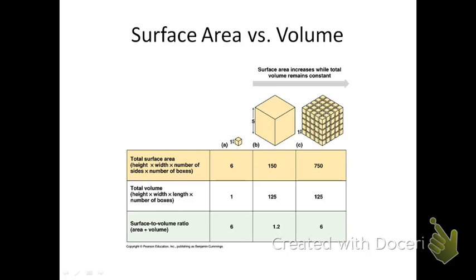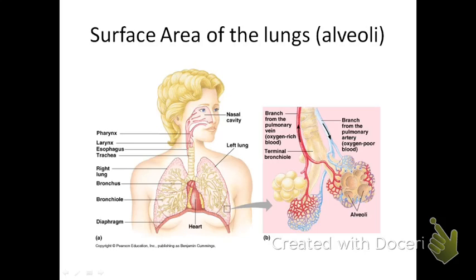How do you increase surface area without increasing the cell volume significantly? Well, you do that by folding membranes. Let's look at the following examples. If you think about your lungs and other respiratory surfaces, the surface of the cell needs to stay wet for gases to exchange.